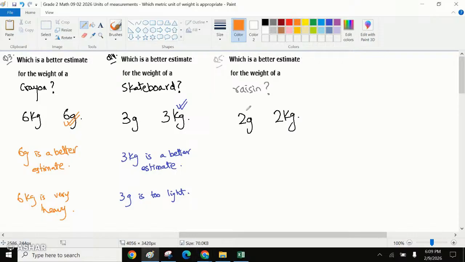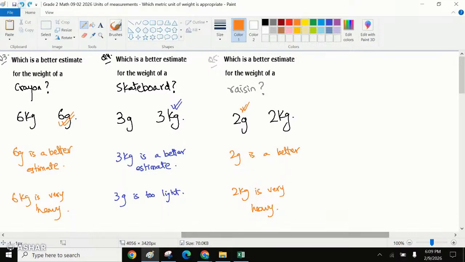So a raisin is very small, and we can simply write that 2 kilograms is very heavy. Therefore, 2 grams is a better estimate. Thank you, Valerie.